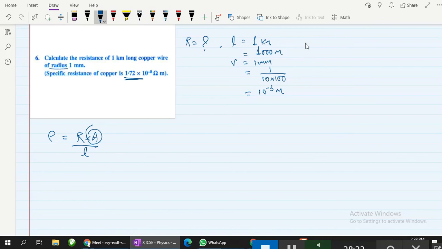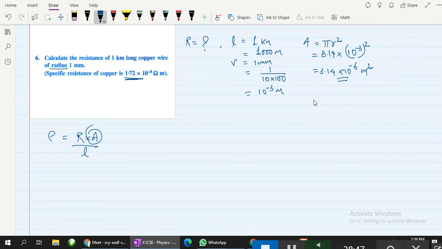So the area will be pi r square, the area of a circle, that is 3.14 multiplied by 10 raised to minus 3 the whole square, that is 3.14 into 10 raised to minus 6 meter square. This is the area.